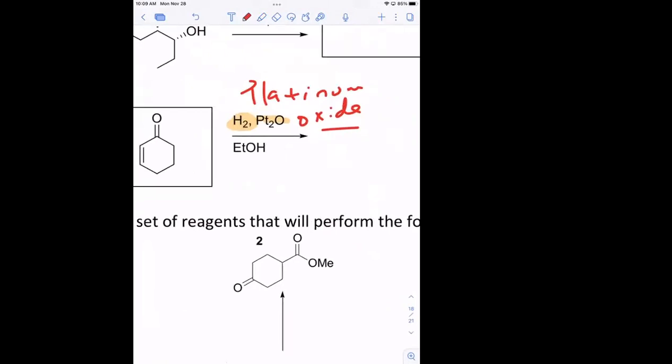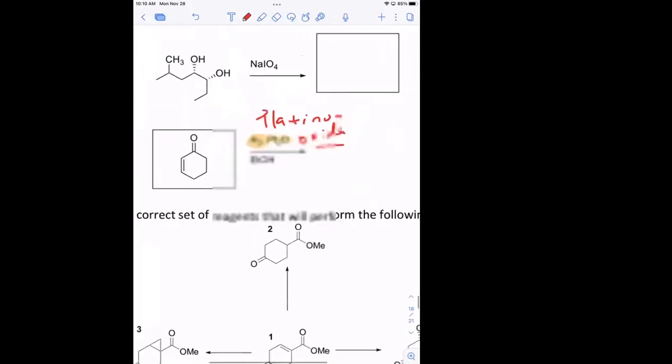You need a catalyst, so this is your catalyst. What type of reaction is that, if I'm adding hydrogen gas to an alkene? Hydrogenation. Good.